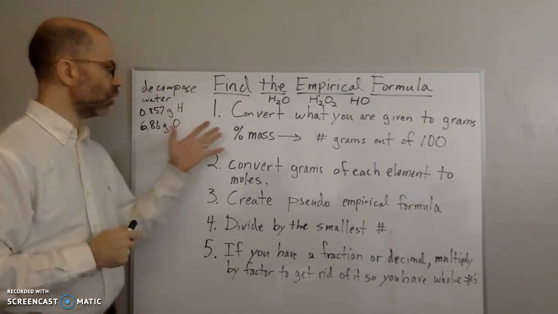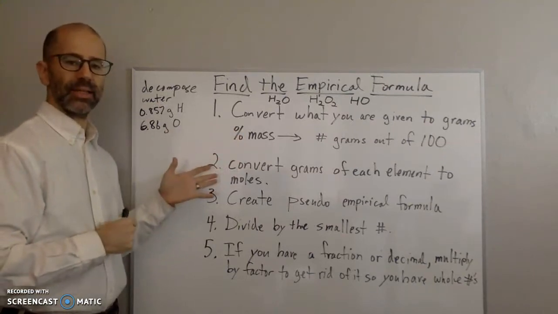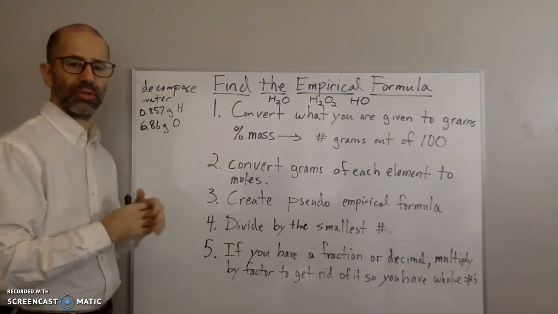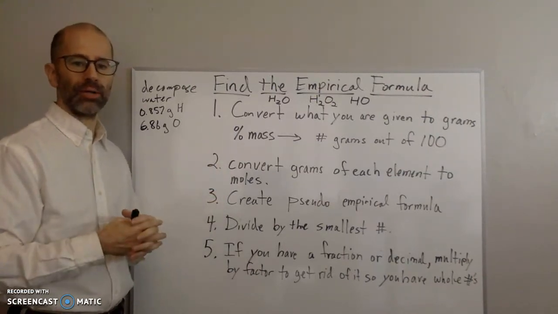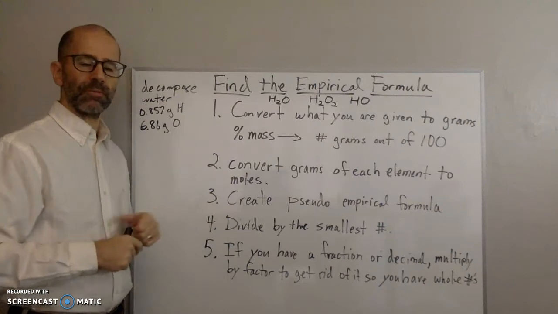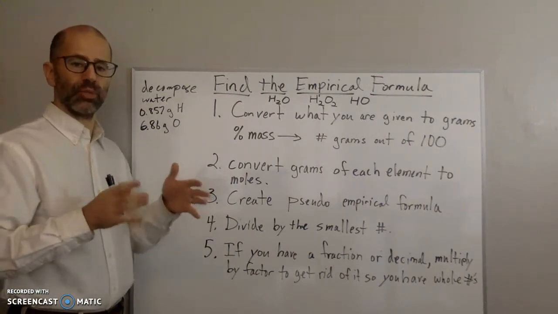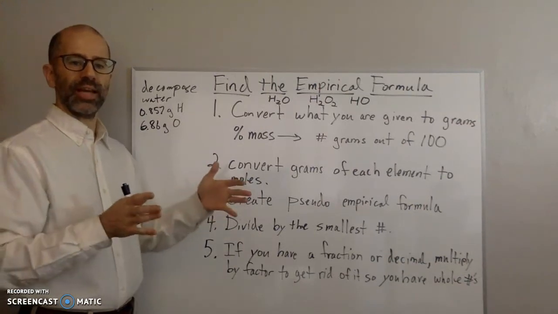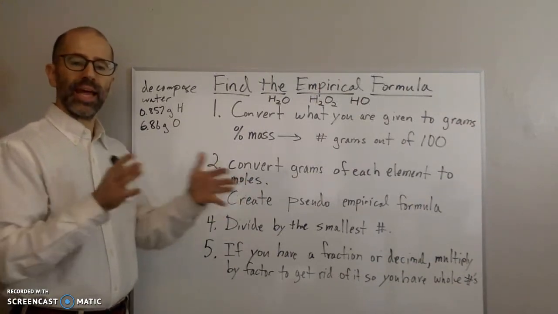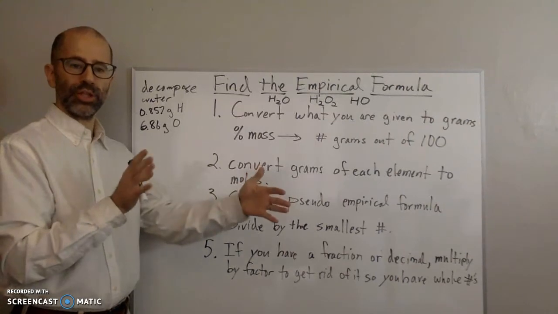So your ultimate goal is to get the information they're giving you about the elements in your compound into moles. Once you get the moles of each of the elements, you then want to get a whole number ratio between them.